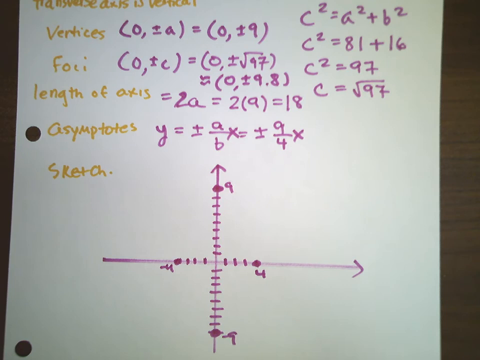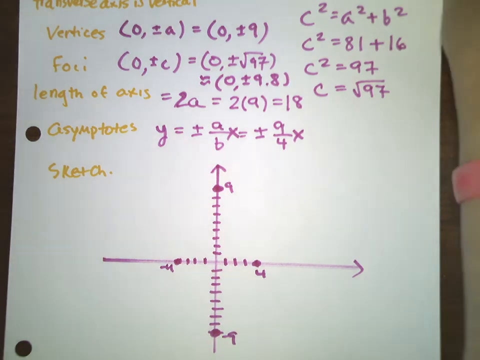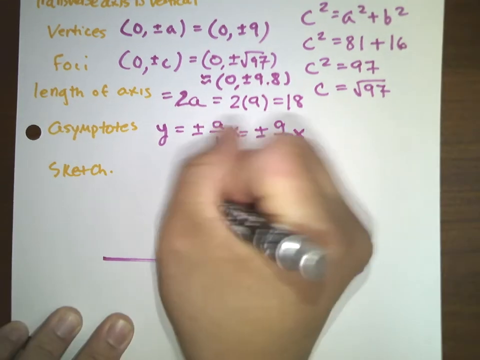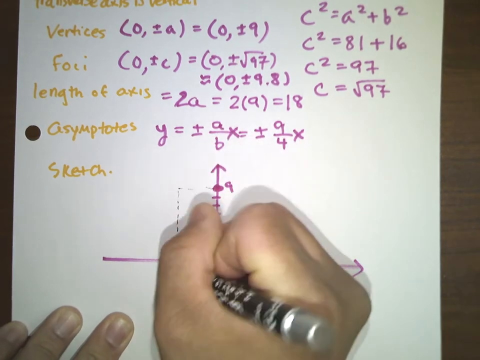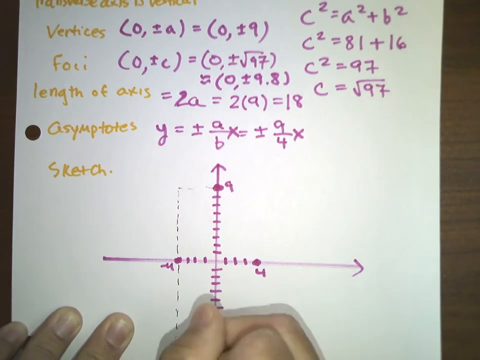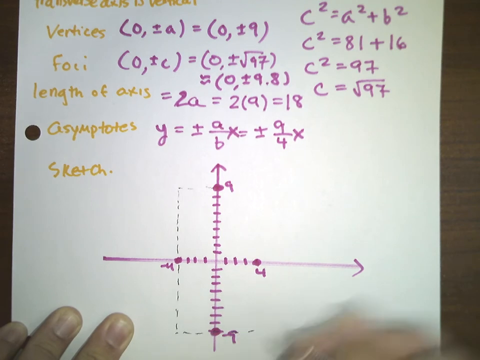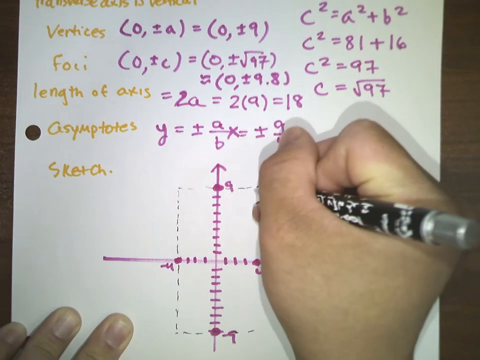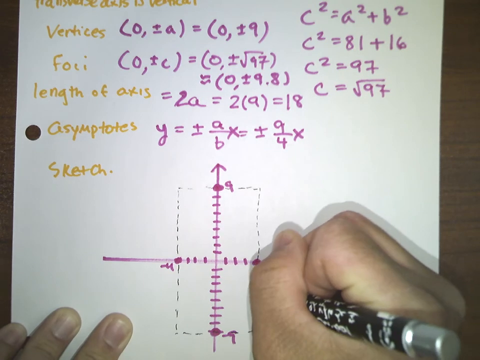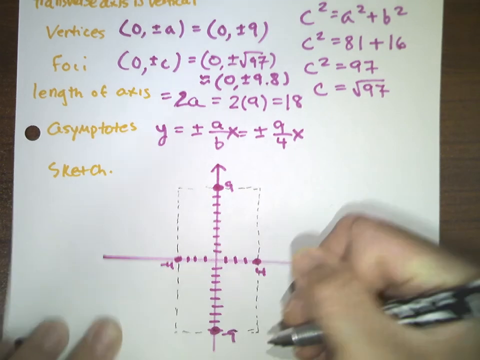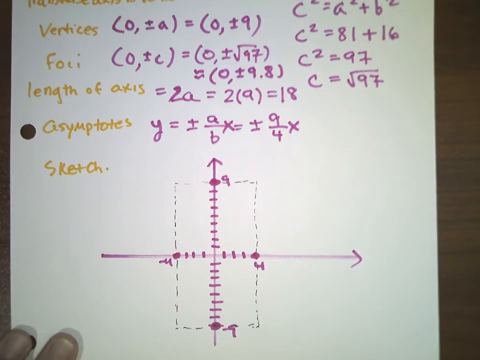And then, all right, now I can draw a central box. So here is my central box, our fundamental rectangle, and it's really the same idea as if you were drawing the ellipse. It's just you're drawing a rectangle now.